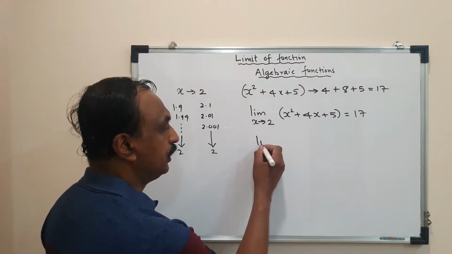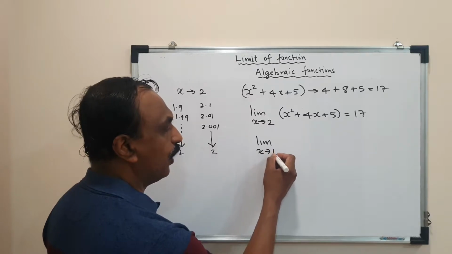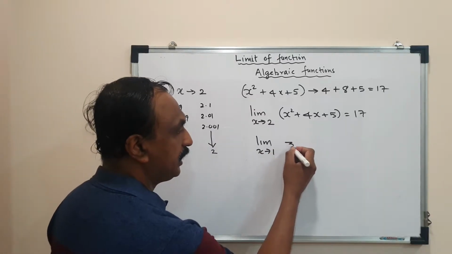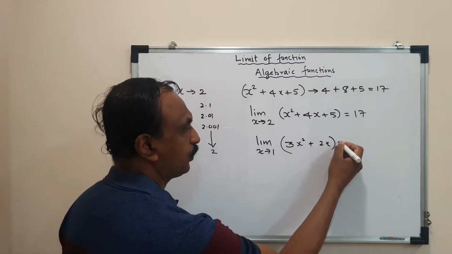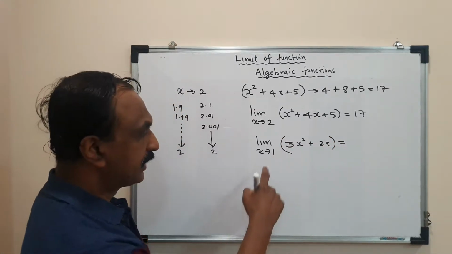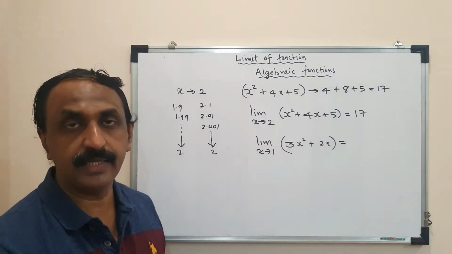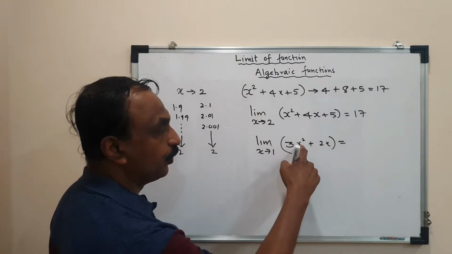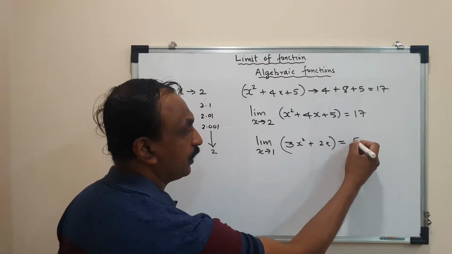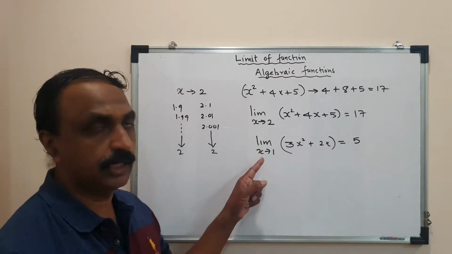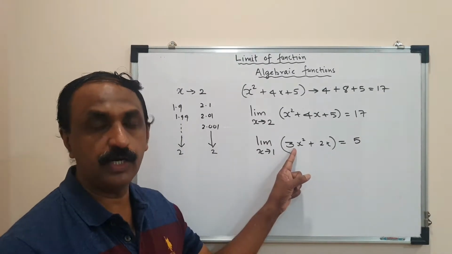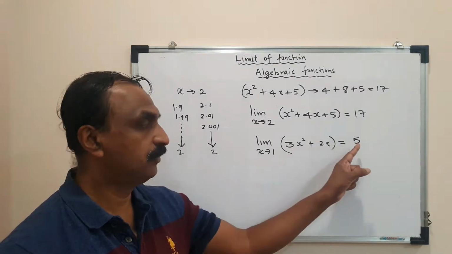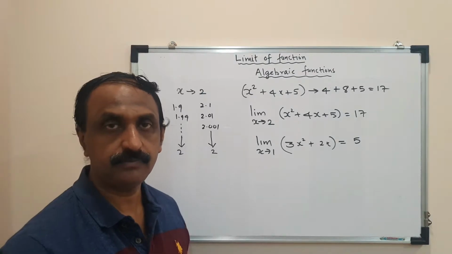If I ask you, calculate limit x tending to 1 of 3x square plus 2x, what would be your answer? Directly replace x by 1 in the function. So 3 into 1 square plus 2 into 1 will give you the answer 5. So my conclusion is, when x is approaching 1, the value of the function 3x square plus 2x will approach 5.